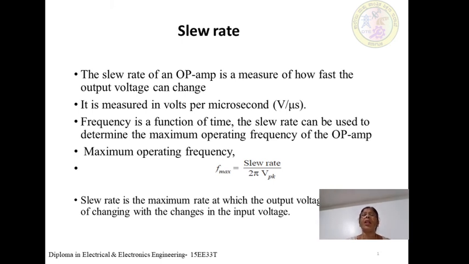In the question paper they can also ask CMRR, so you have to expand it first, that is common mode rejection ratio, then define the common mode rejection ratio. And one more thing, that is virtual ground. With that diagram you have to define the virtual ground.